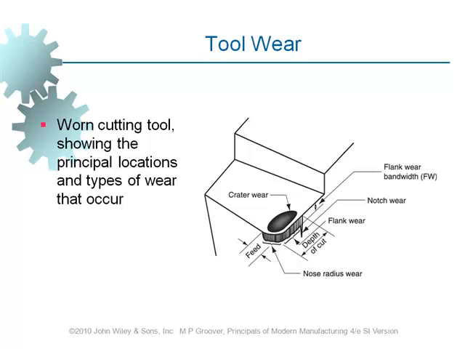There is a type of wear which occurs on the top face, which is the rake face, and a depression is formed right here. And there is another type of wear which happens on this face, which is referred to as flank wear.